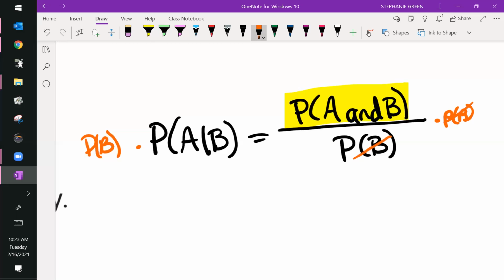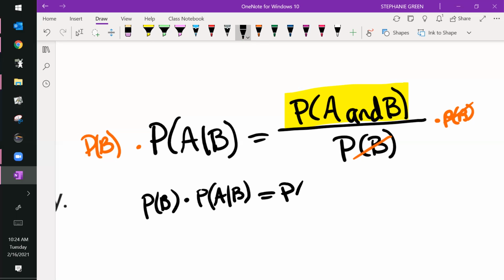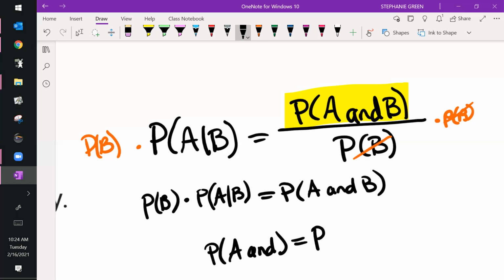So now I have that the probability of B times the probability of A given B is equal to the probability of the intersect, A and B. Or if I rewrite this a little cleaner, probability of A and B is equal to the probability of B times the probability of A given B.